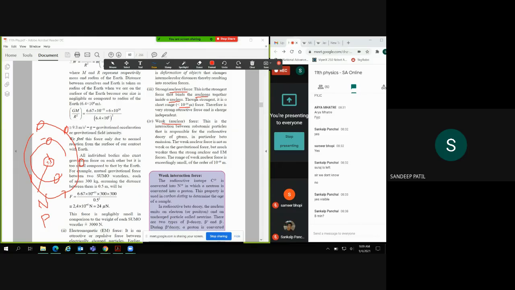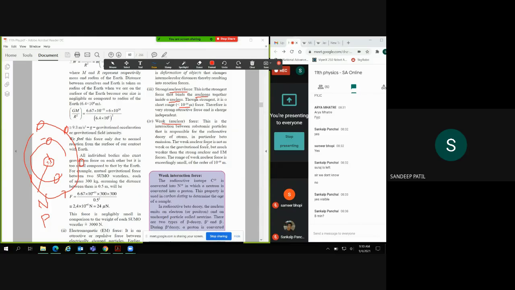So what does this weak nuclear force do? It tries to move these beta particles out, right? So the reason these beta particles come out is the weak nuclear force.